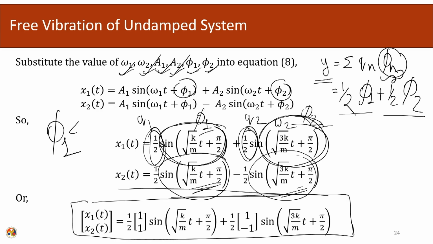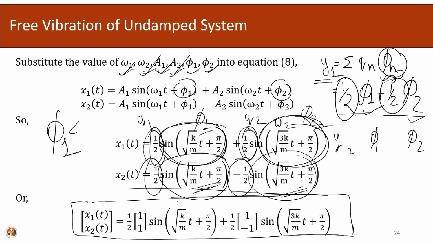For each of them phi 1 and phi 2 is the solution. For each degree of freedom there is a contribution from the first mode and a contribution from the second mode. This is for y1. For y2 also there will be a contribution from the first mode and from the second mode. Only thing is that the values of q1 and q2 will be different.